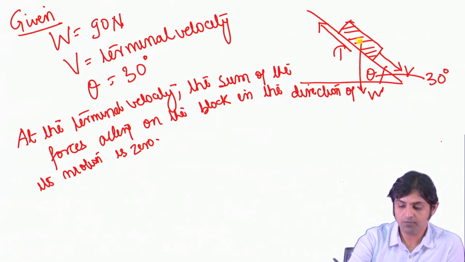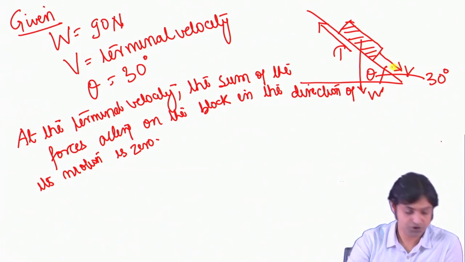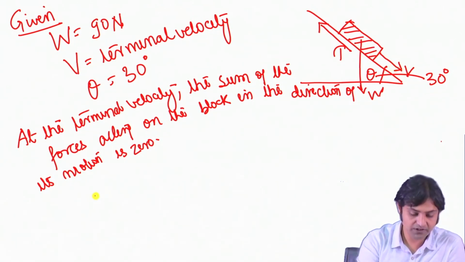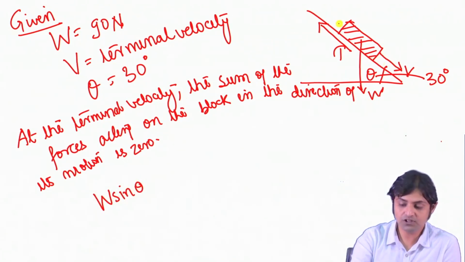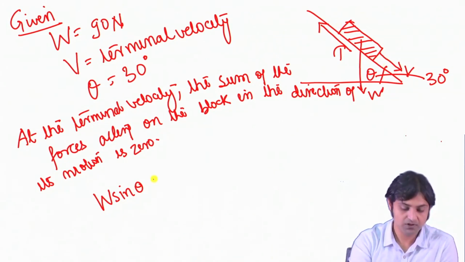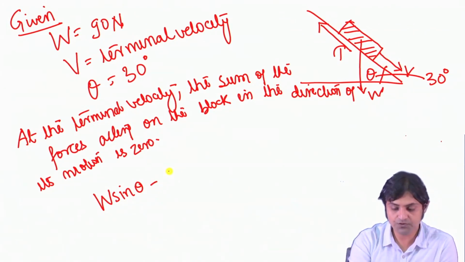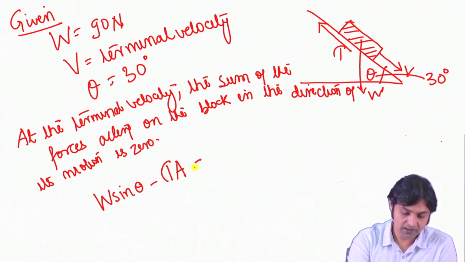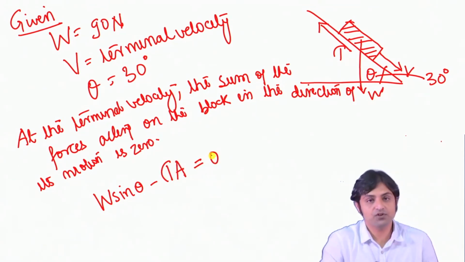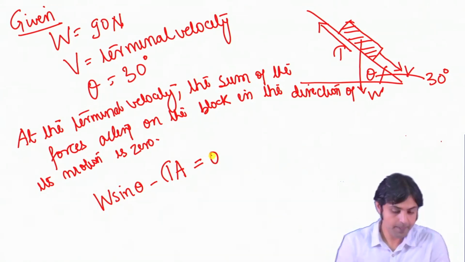So there will be a component of the weight acting in favor of the motion, and that component is written as W sin theta. And what is opposing the motion is the shear stress tau, right? So the force due to this shear stress is given by tau into A, and that should be equal to 0 in case of terminal velocity.